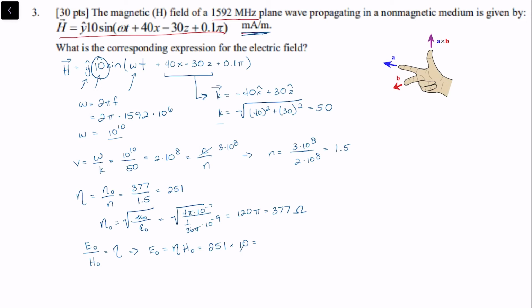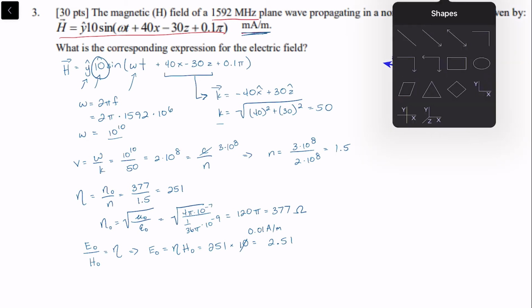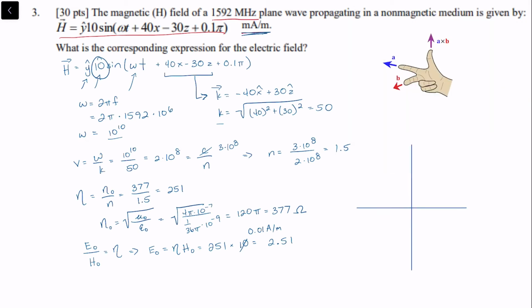So this 10 milliamps per meter is really 0.01 amps per meter. If that's the case, our value ends up being 2.51. Now we have a magnitude for the magnetic field. Great. Now let's try and graph everything on our coordinate plane.